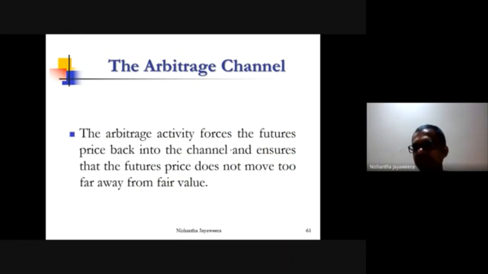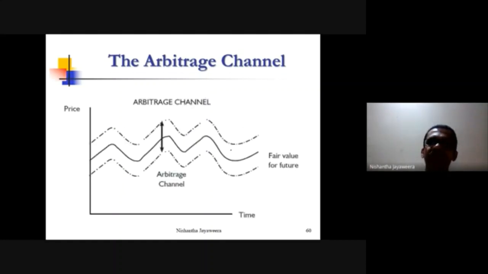But if the price moves away from this channel, say somewhere here, market forces act. If this is the market futures price, is it overvalued or undervalued? It's above the fair value, so it's overvalued. People will start to sell the futures contract and buy the underlying asset.